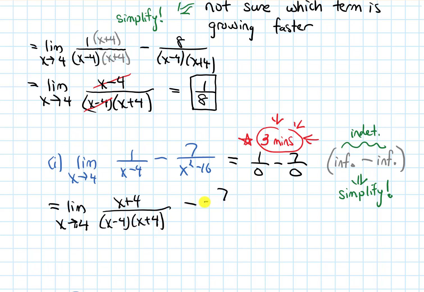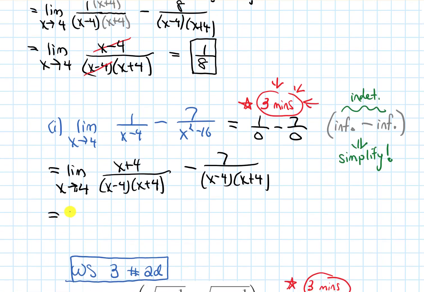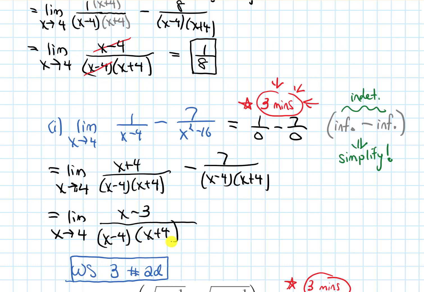And then minus 7 over, let's factor that second denominator, x minus 4 times x plus 4. Now when I subtract these fractions, we get the limit as x approaches 4. The top is going to be x minus 3. The bottom is x minus 4 times x plus 4. Now I don't get a cancellation, unfortunately, but I've simplified it a little bit.